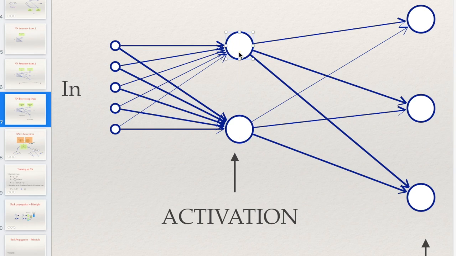For each neuron, it collects such combinations of inputs and weights from all the inputs here, and takes the summation as the total input to this neuron. And this procedure goes recursively from the input to the hidden layer.